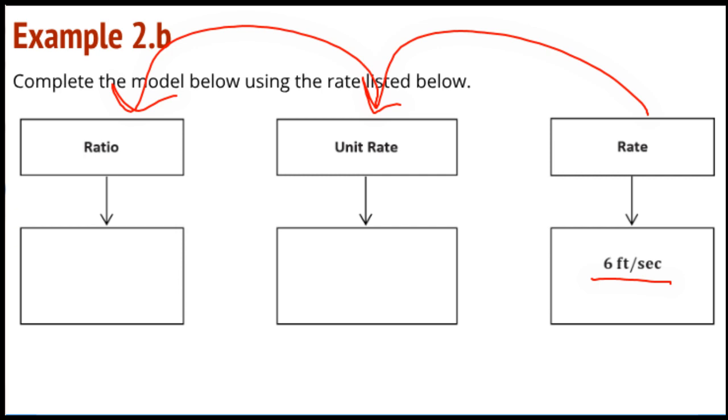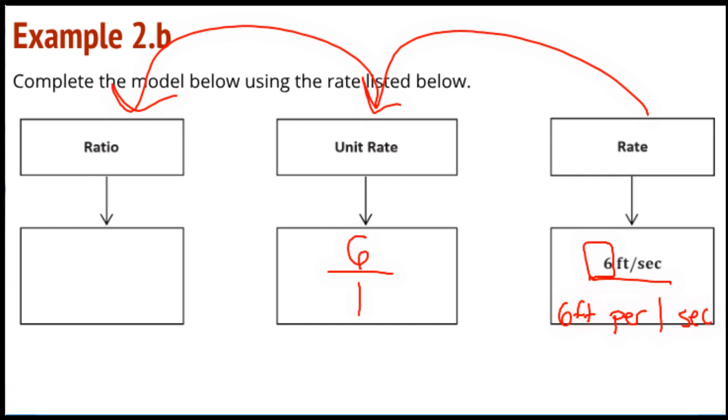Well, because this is a rate, I know that my unit rate is right there. So I know that I have a 6, and for the unit rate, it is 6 feet per 1 second. So I'm going to have a 6/1.